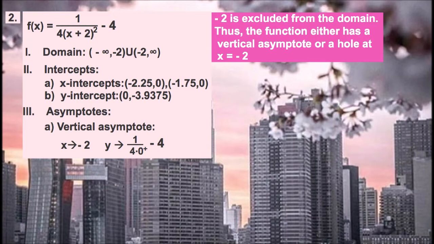Regardless of whether we approach negative 2 from the left or the right, we obtain a 0 positive at the denominator because of the square. Y approaches infinity. So the vertical asymptote is x equals negative 2.